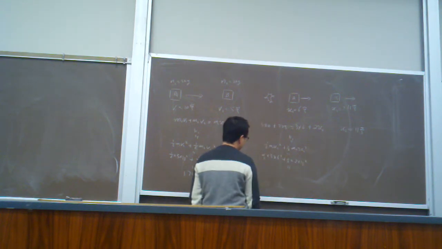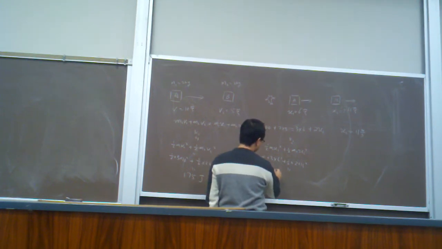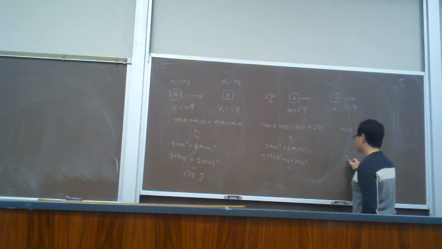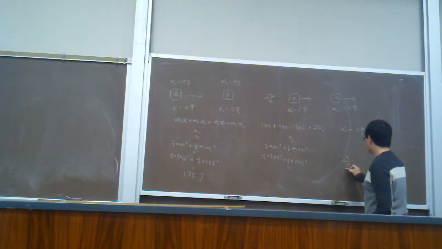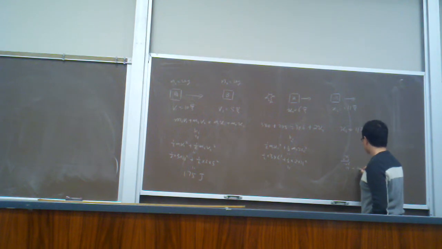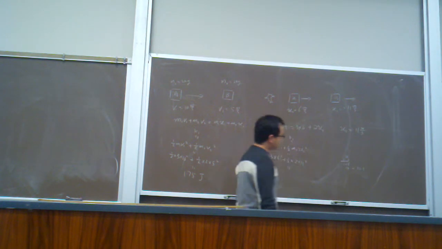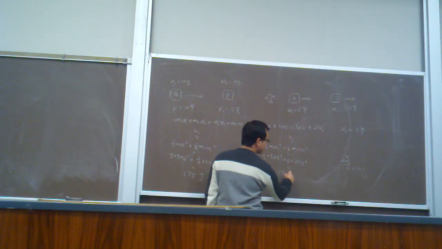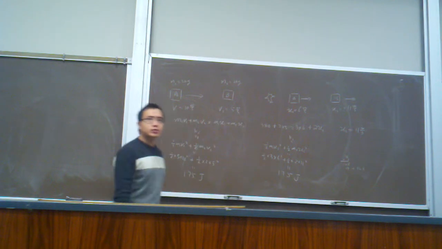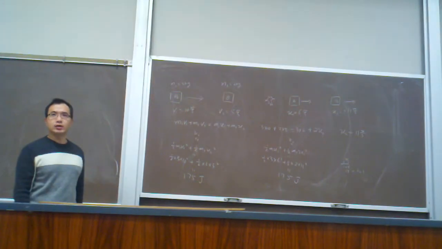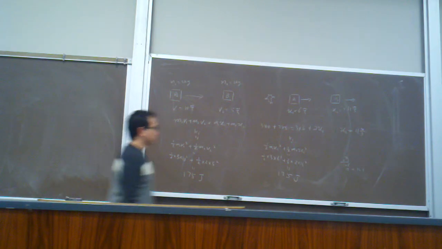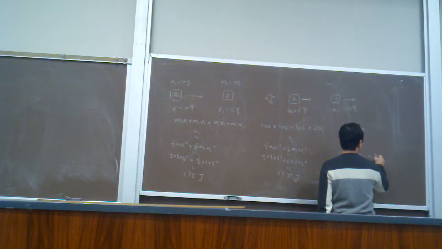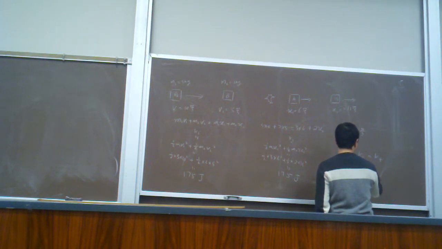So this is 54 plus 121, which is again 175. So is this collision elastic or inelastic? Elastic. You can write: since K initial equals K final, it is elastic.